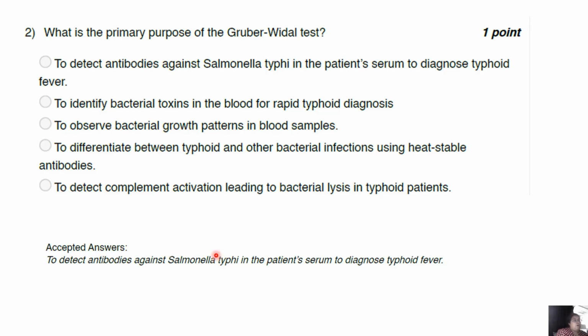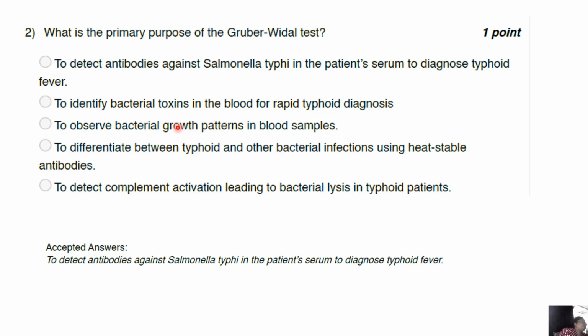Option B is incorrect because it does not detect bacterial toxins. Option C is incorrect because it is not a culture or growth based test. Option D is incorrect because it does not primarily differentiate typhoid from other infections using heat stable antibodies as a defining principle.